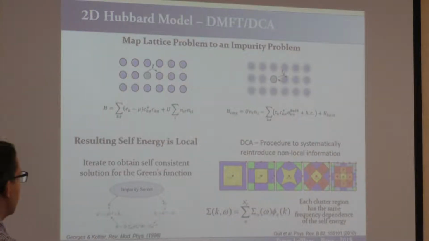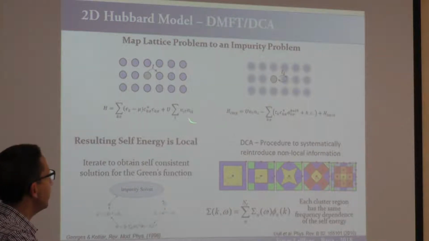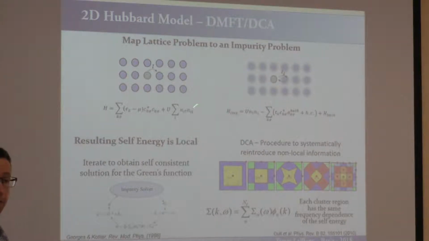OK. So DMFT is the remapping of this lattice problem to an impurity and a bath. And we're going to repeatedly update that bath. And we know already from discussion that that is not necessarily a good solution for certain things like phase transitions, where finite size effects become strong.